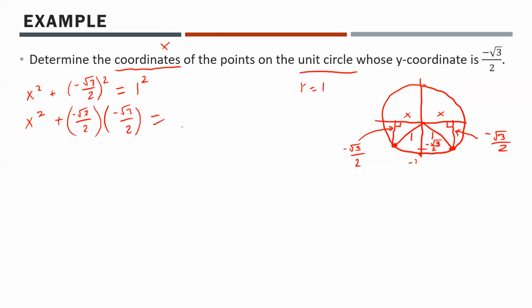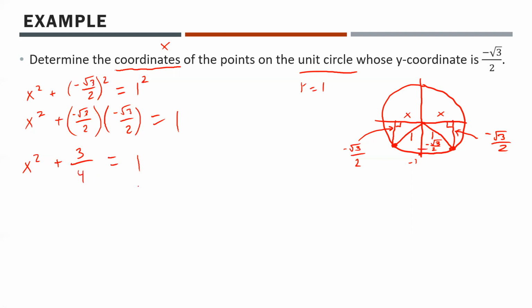This will equal 1 squared, which is 1. Just multiply the tops together and multiply the bottoms together. This is going to give us x squared plus -√3 times -√3 is actually going to be +3. You could also think of it as being +√9 because you're just multiplying the radicands underneath the root signs together. So √3 times √3 is √9. √9 is just 3. That's how I got that. Over 2 times 2, which is 4.